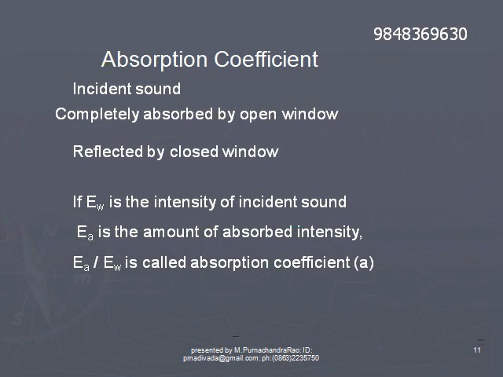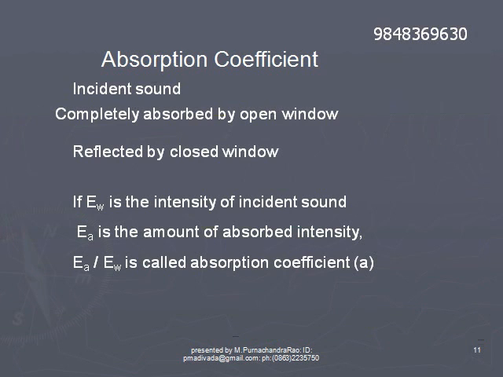Let us suppose EW is the incident energy. The entire energy that is incident will be absorbed by an open window. Let EA be the amount of energy absorbed by a closed window.